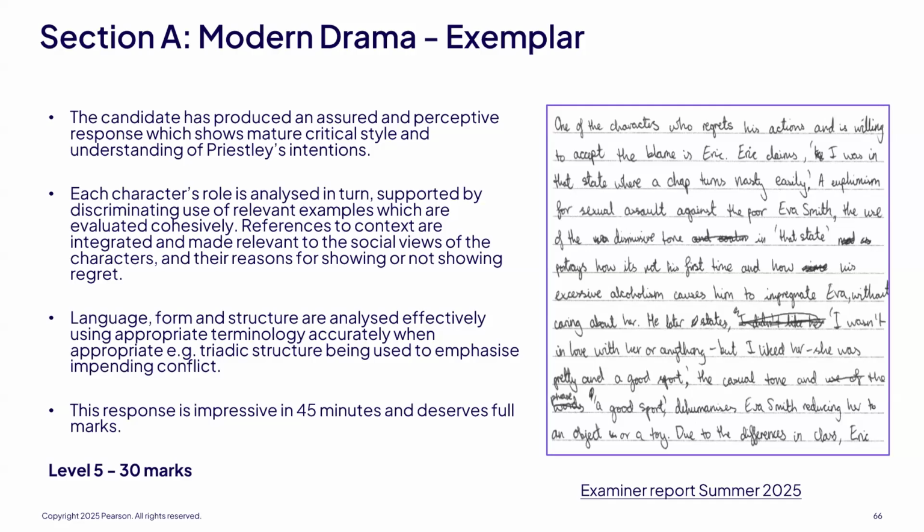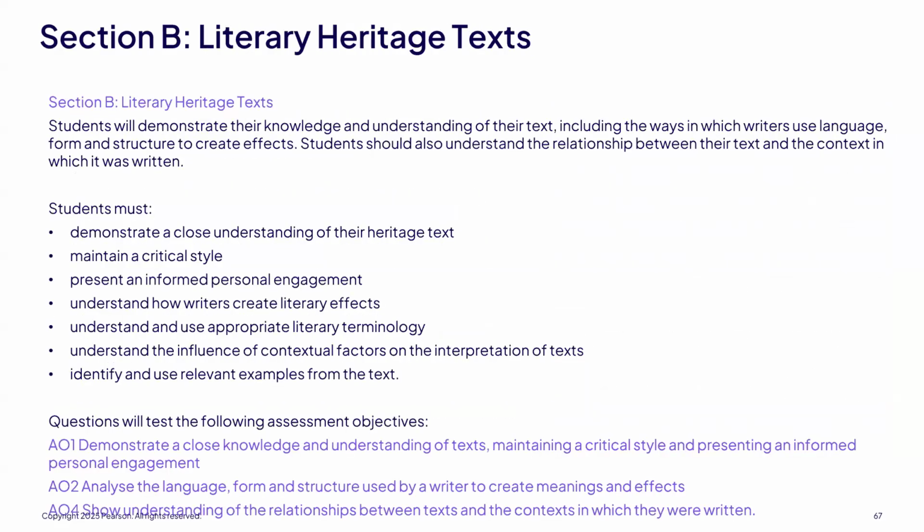I just want to go through the literary heritage so that we've covered both units in detail. So just a reminder for that Section B of Unit 2, Paper 2, our focus is literary heritage. We are working now with 3 assessment objectives because we've got AO1, AO2, and the AO4, the text and context, coming in here.